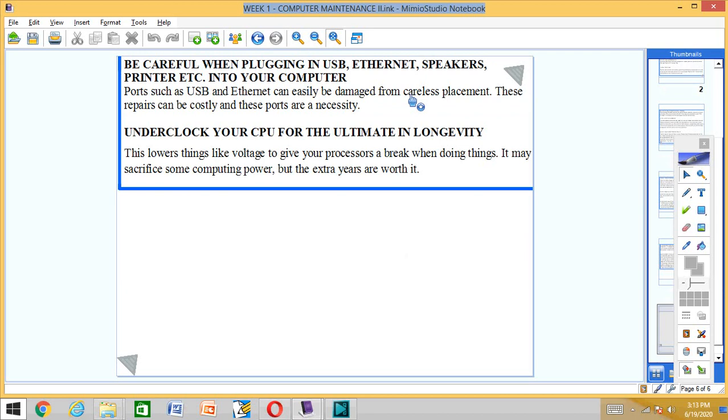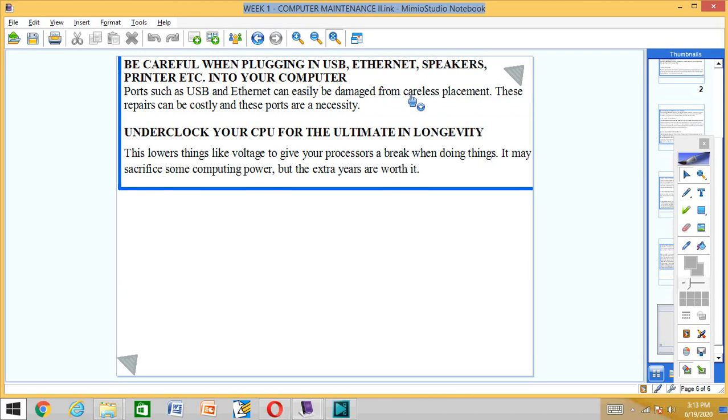Three, be careful when plugging in external devices such as USB, Ethernet, speakers, printers, and so on. Ensure you connect them the correct way and do not apply too much pressure to avoid damage to the USB ports and other ports in the computer device.